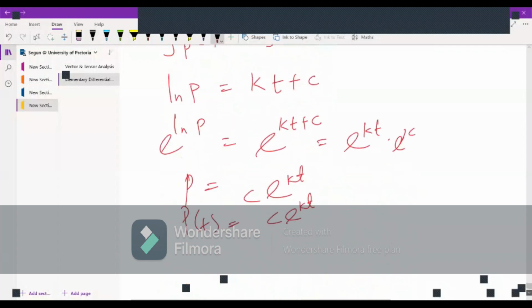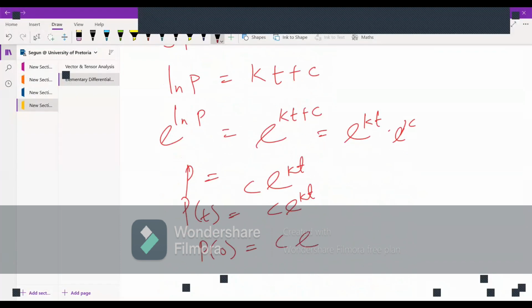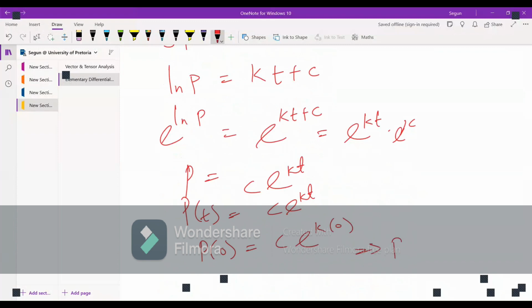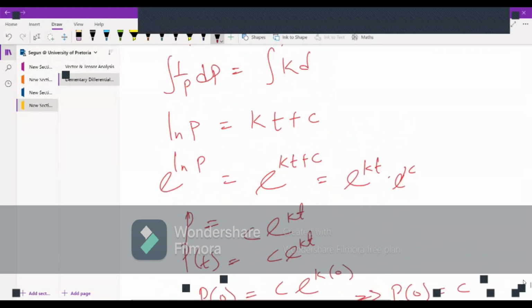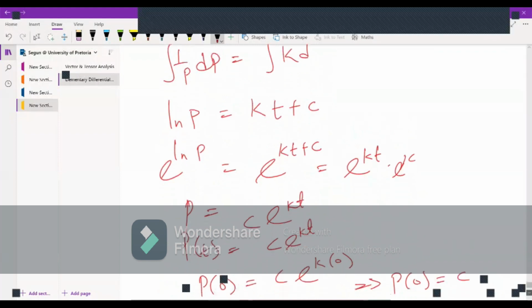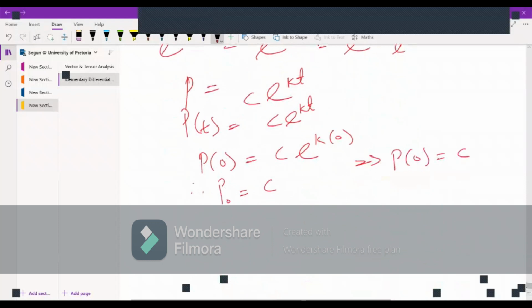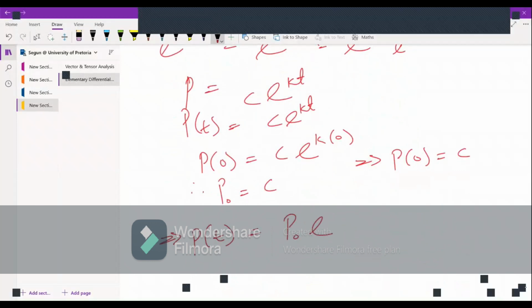P of 0 is equal to C exponential k of 0, which implies that P of 0 is equal to C. Therefore, you can say P naught is equal to C. P naught is the initial population, which implies that P of t is equal to P naught exponential kt.